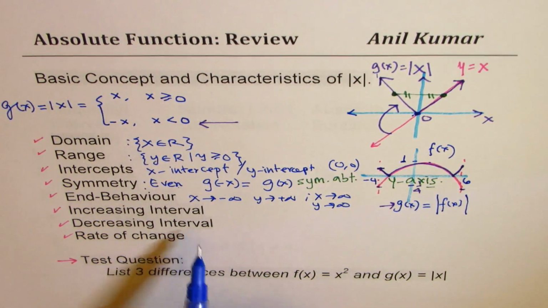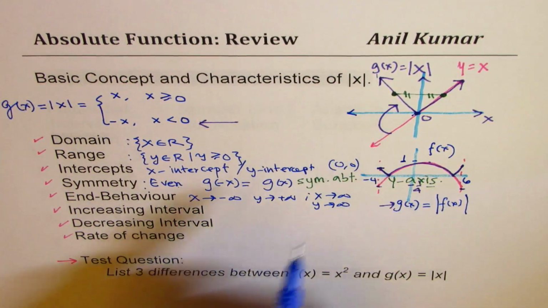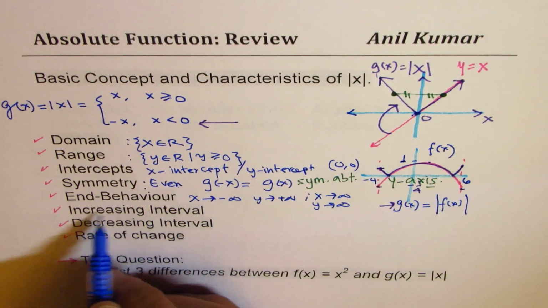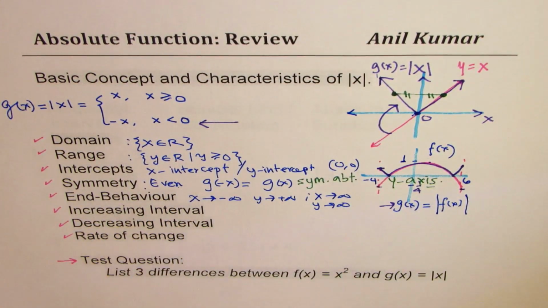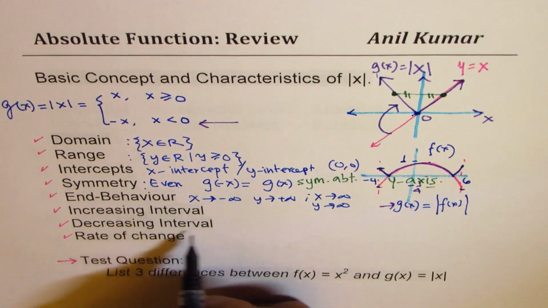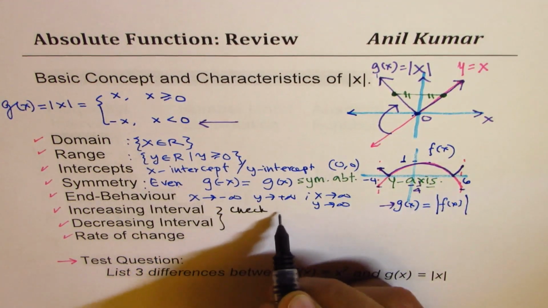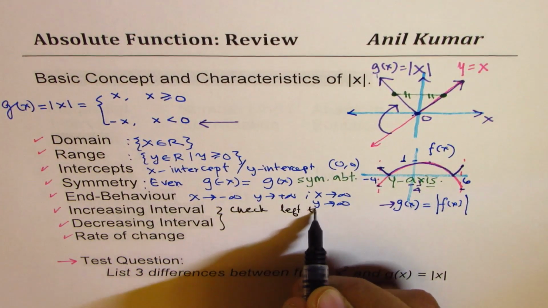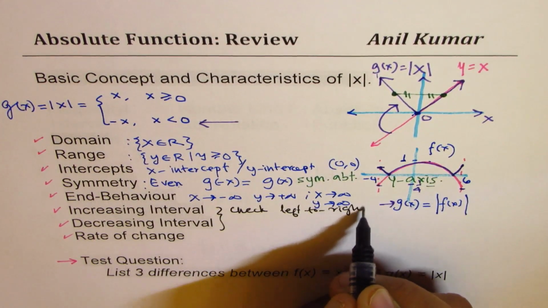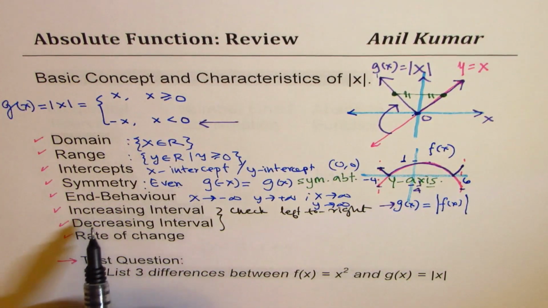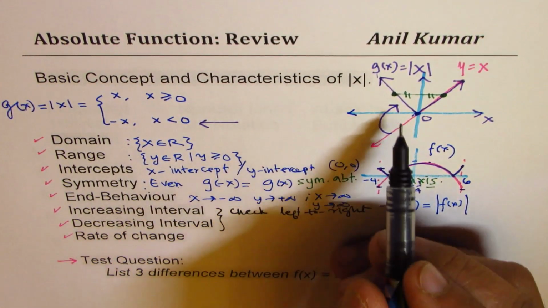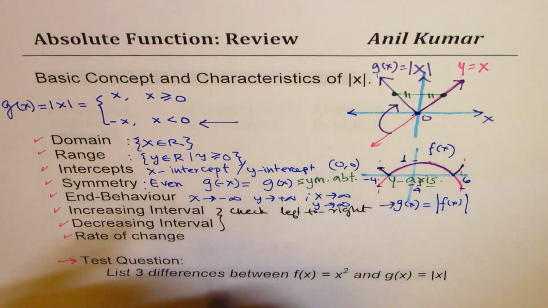Increasing and decreasing intervals. You have to see from left to right. Whenever you have intervals, let me write a note here. Students sometimes get confused, so check left to right. Okay, so when we say increasing interval, it is increasing from 0 to infinity.